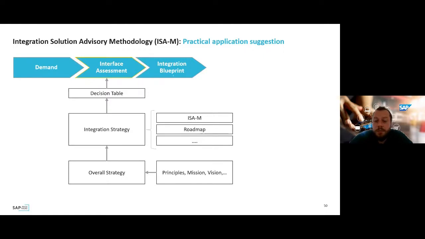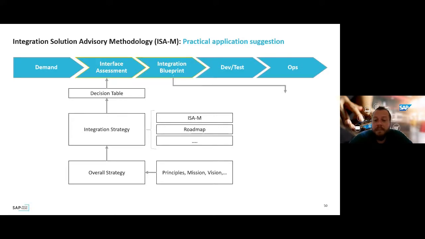Then you have your blueprint, and it's important to have this process where you go to dev and test ops, but frequently something called technical and architecture debates can happen in the integration blueprint. What I mean is that many times we can have demands and propose blueprints based on the integration strategy, but this will not really fit to solve the demand. Let's take one example: FTP.